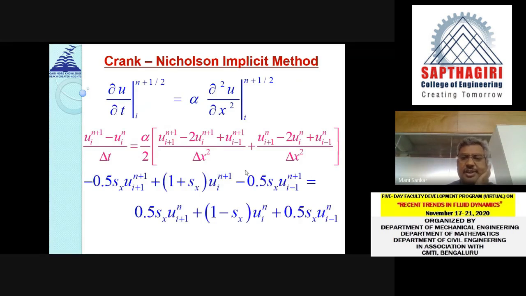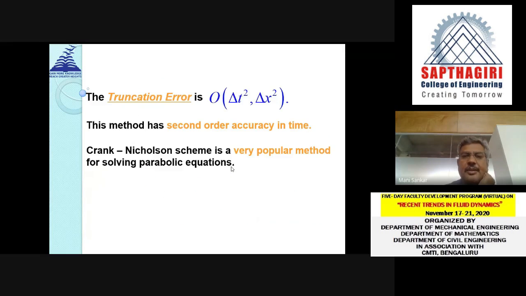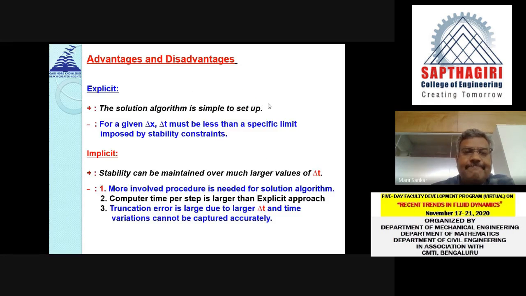When you rearrange it, you again get a tridiagonal structure. The main advantage is the truncation error is delta t squared and delta x squared. That means second order in space as well as time, whereas the normal implicit method is first order in time, second order in space. This is a very popular method.